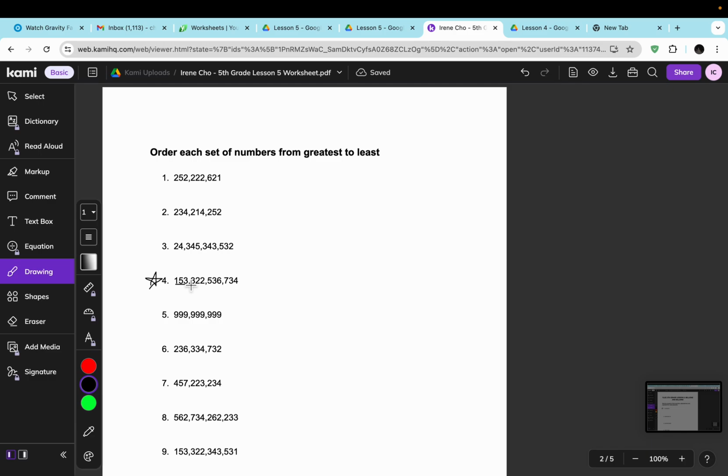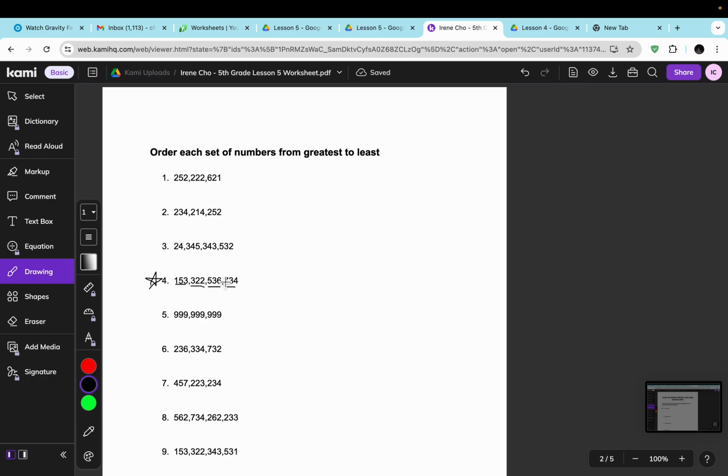Moving on, it says order each set of numbers from greatest to least. For number 4, there are four numbers, and what we're going to do is look at the first digit of each number and see which one has the highest digit. This one has a 1, 3, 5, and 7, so the highest number would be 734.